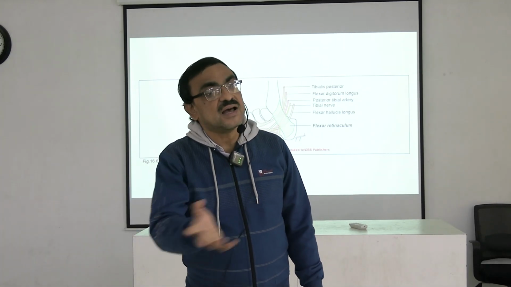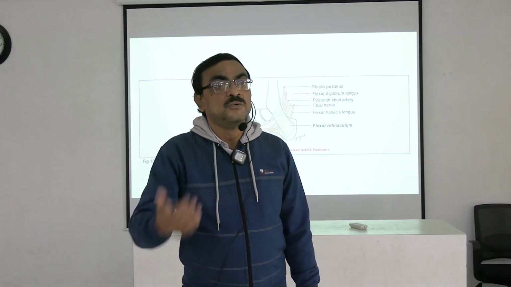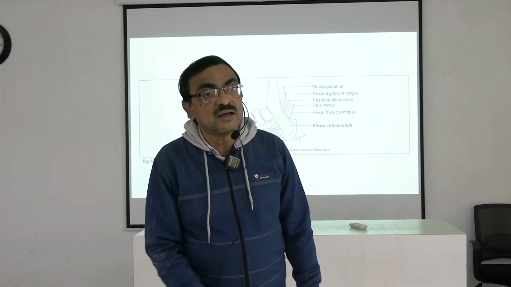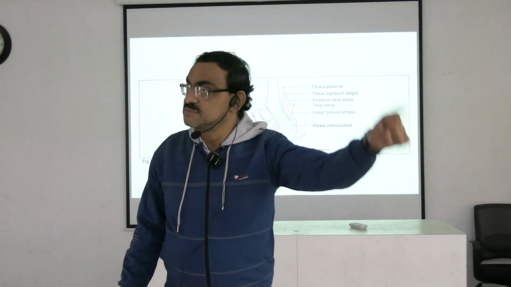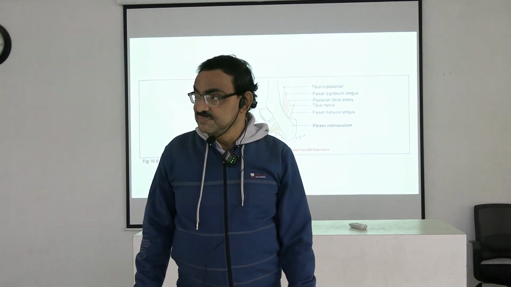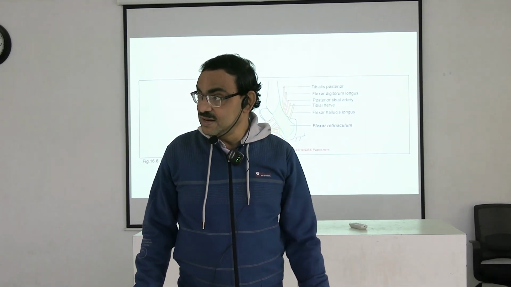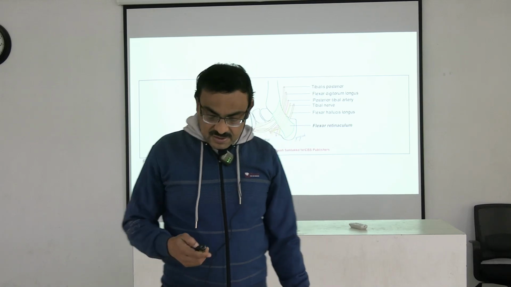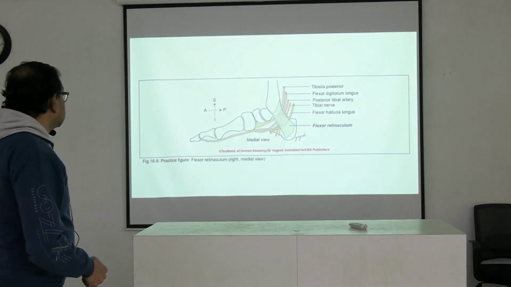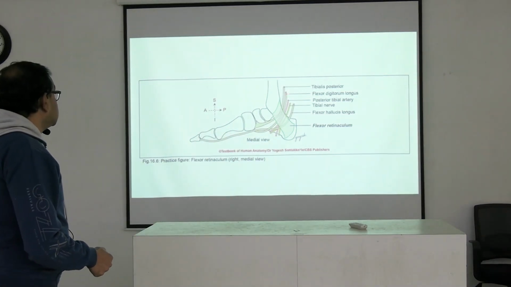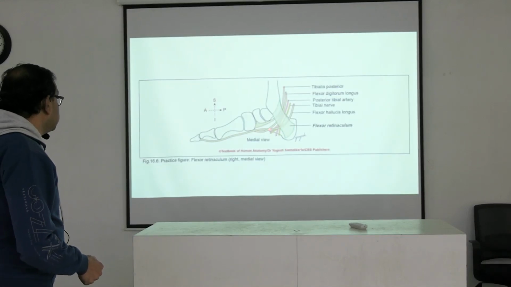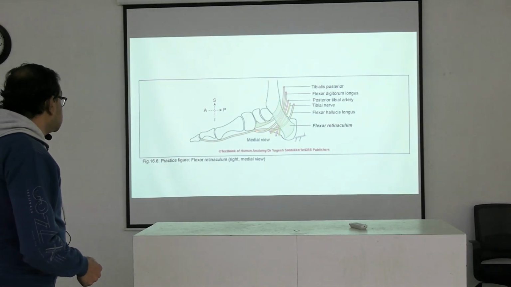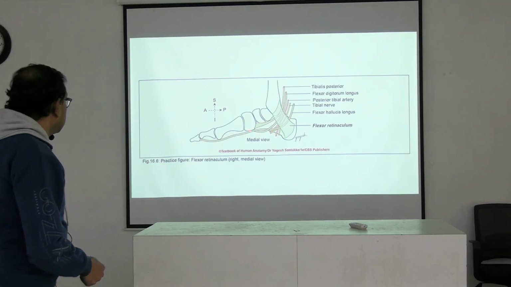And the expansions are also going to the undersurface of the base of the metatarsals, except the first metatarsal. This is very unique for tibialis posterior. And others, like we can see flexor digitorum longus crosses superficially the flexor hallucis longus and goes to the lateral side.